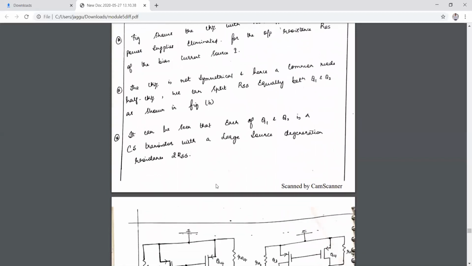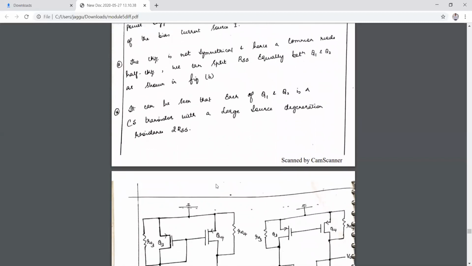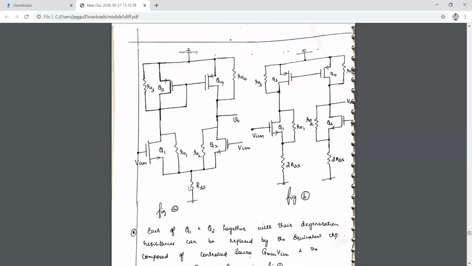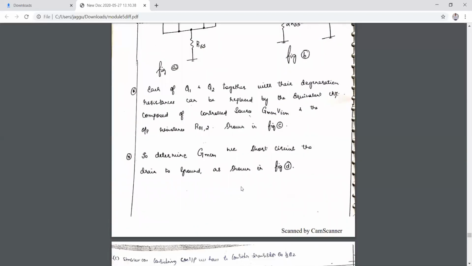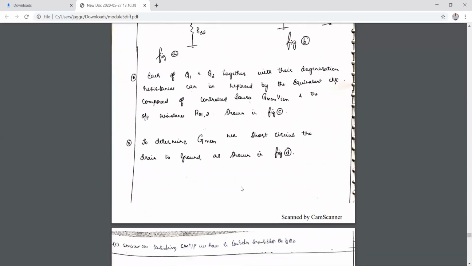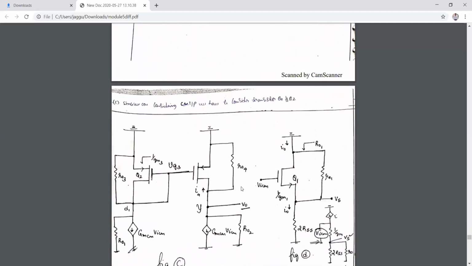So it is seen that Q1 and Q2 are common source transistors with a degeneration load. Since you have RSS, it is like a degeneration load. Q1 and Q2 together form a degeneration. We have to write an equivalent circuit in C and determine the gain.